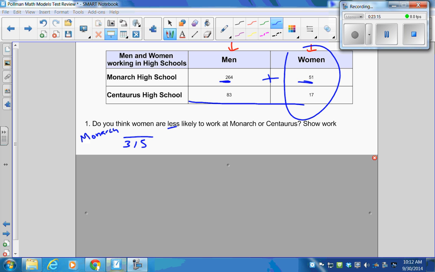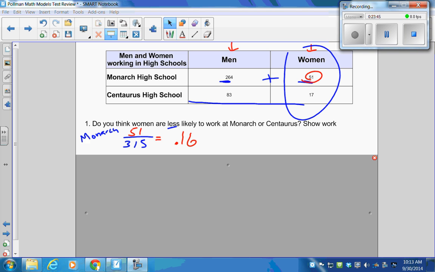Now, there are 51 women who work there, so that is my numerator. Remember, you can use calculators on the test. So when I divide these two, 51 divided by 315, using my calculator, that is 0.16. So women have 0.16 of opportunity to work at Monarch.